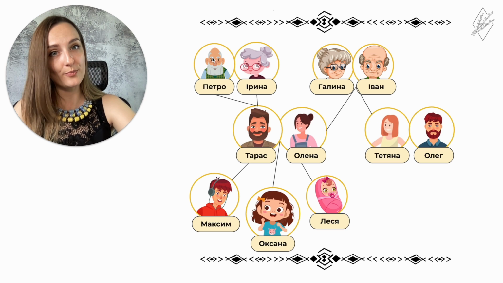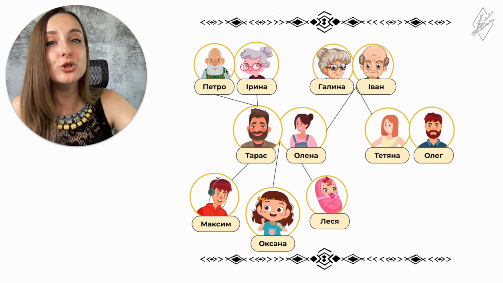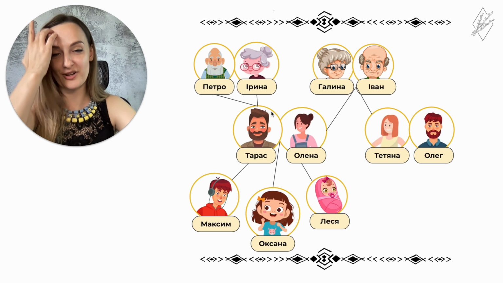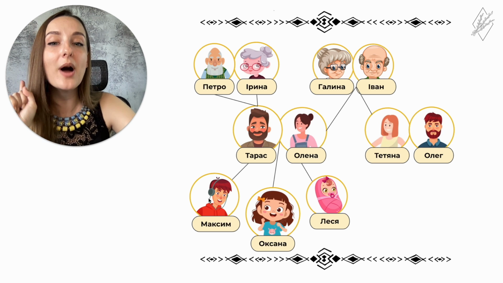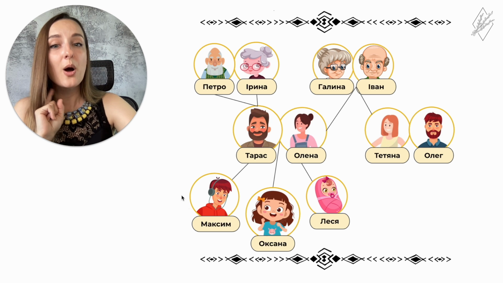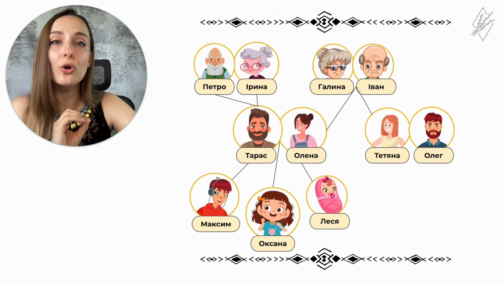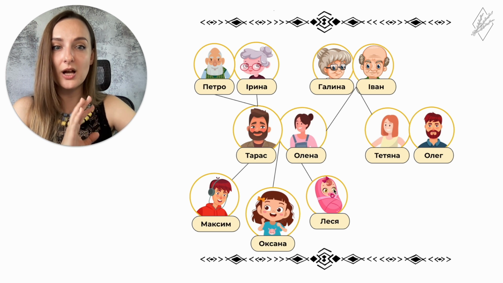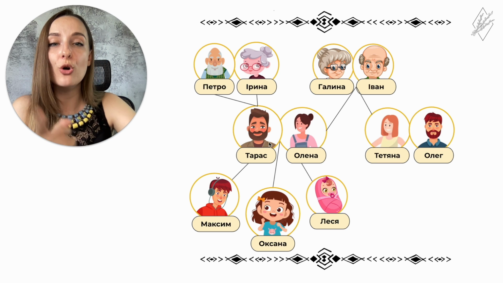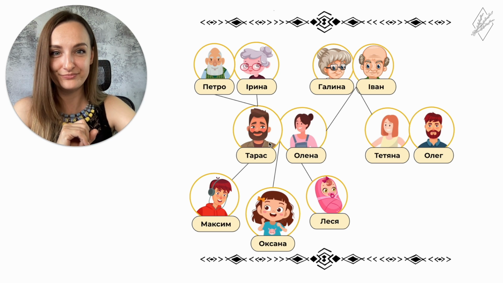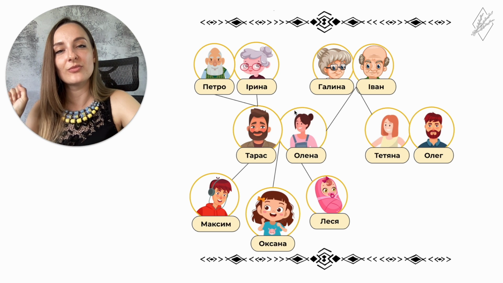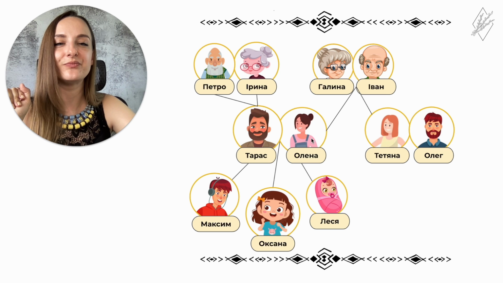А Петро? Петро – його батько. Perfect. А хто Максим для Тараса? Максим – його син. Леся – його донька.